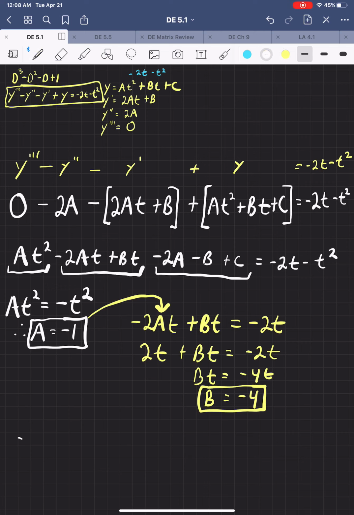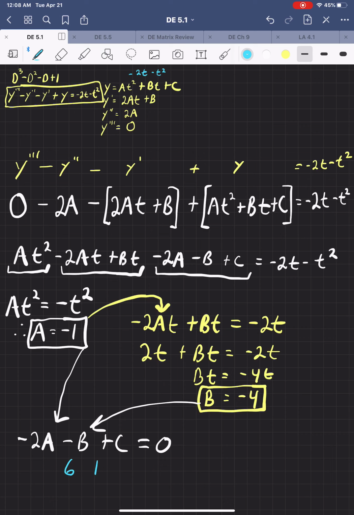So negative 2a minus b plus c, that's all going to have to zero out. But the good news is, I already know what a is, and I already know what b is. So I have negative 2 times negative 1, and then I have a negative 4, so I end up with 6 plus c is equal to 0, or in other words, c is equal to negative 6.